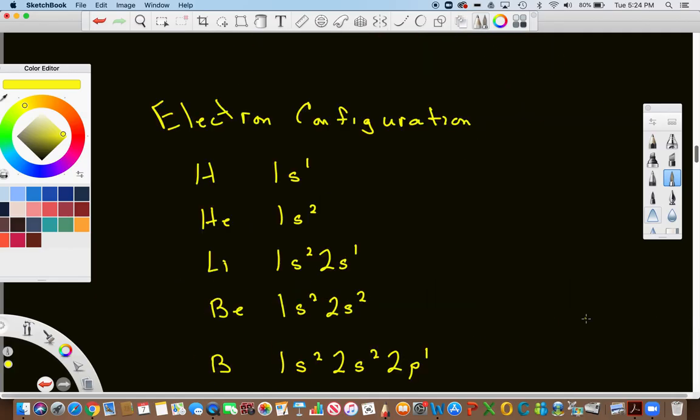So, electron configuration. We're interested in electrons. So if we have hydrogen, hydrogen is 1s1. Helium is 1s2. Lithium is 1s2, 2s1. Beryllium 1s2, 2s2.